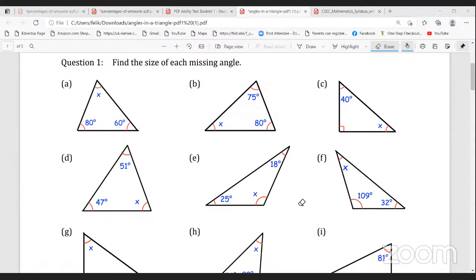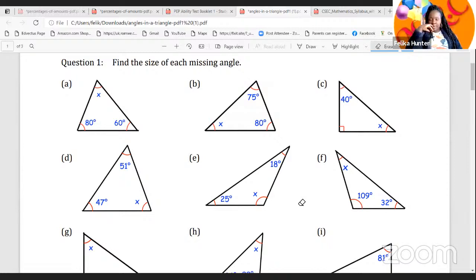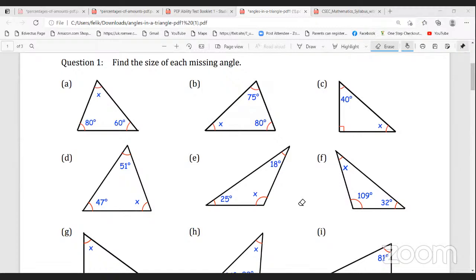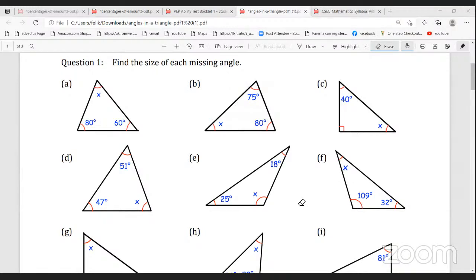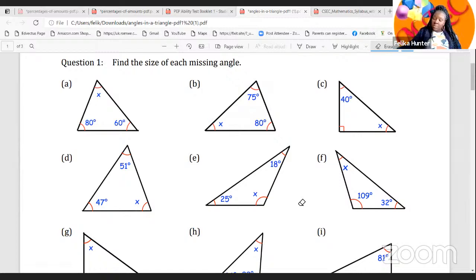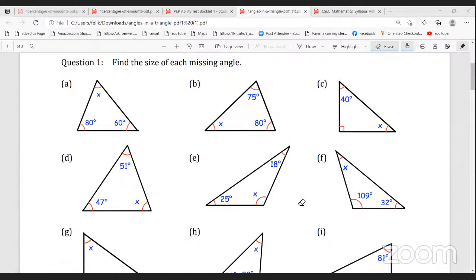Scalene triangle and isosceles triangle and equilateral triangle. Miss, those 4 are the ones I remember.